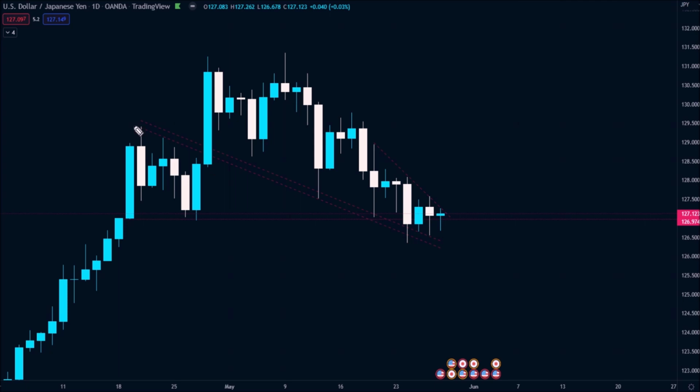We do have a little bit of confluence of resistance going through here, support, support, support, and then I've just got resistance, resistance, resistance. So prices being squeezed and squeezed. I'm bullish on the dollar, so just looking for that pop out to the upside, come back down, retest some level on the lower time frames, and then looking to get involved with a move to the upside.